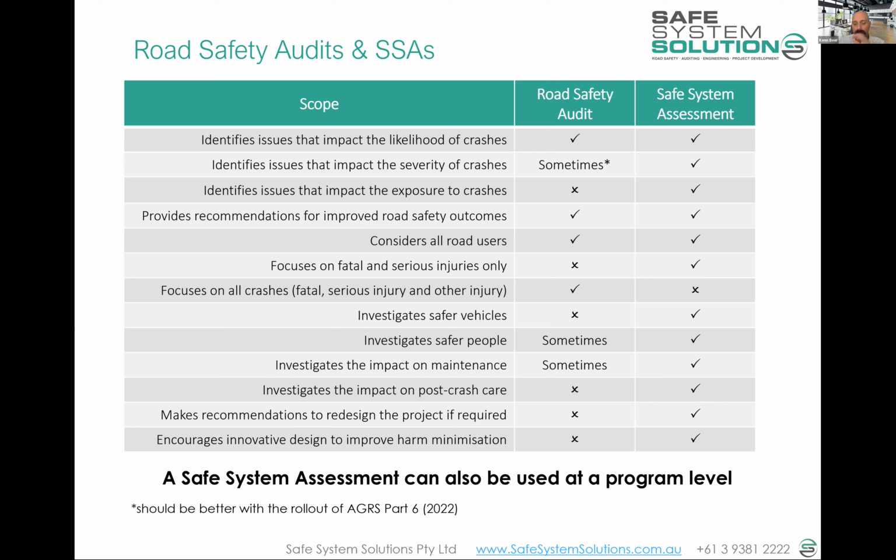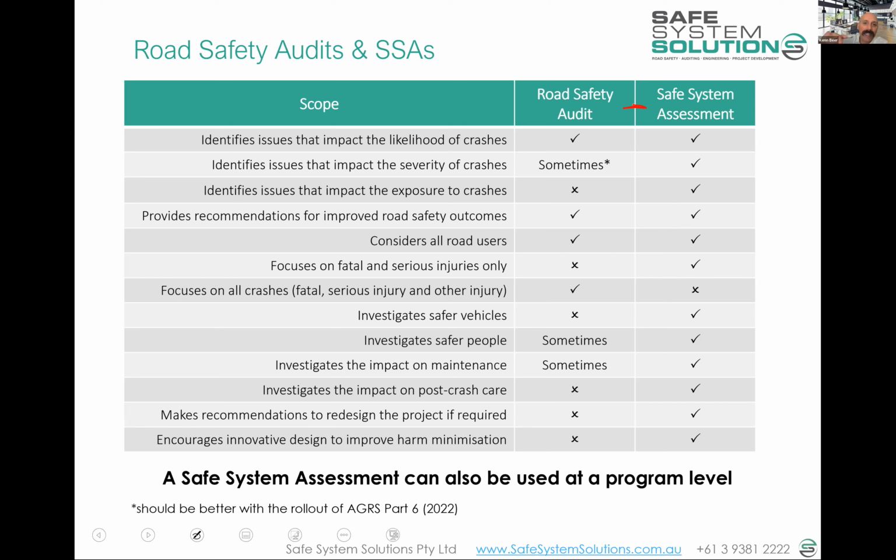I know there's a lot of work at Waka Kotahi on getting this new way of operating, and it's going to be released soon, and we're all excited for that. It's going to do a really good job of moving us to get these two much closer together, which is good. But they are still different processes, produce different outcomes, and are used in different ways.